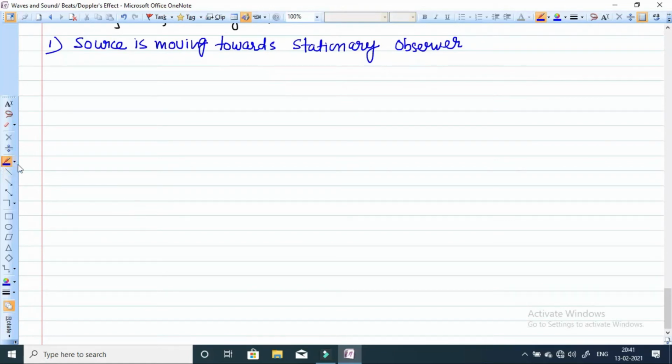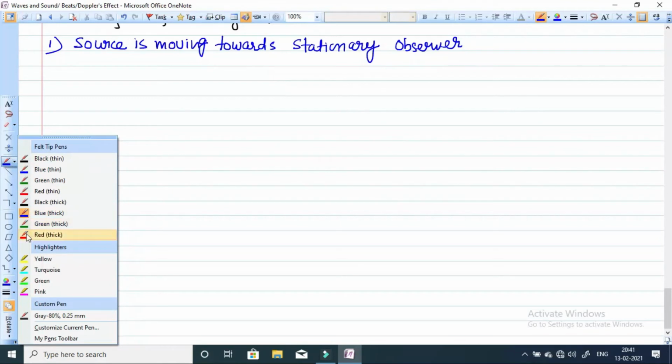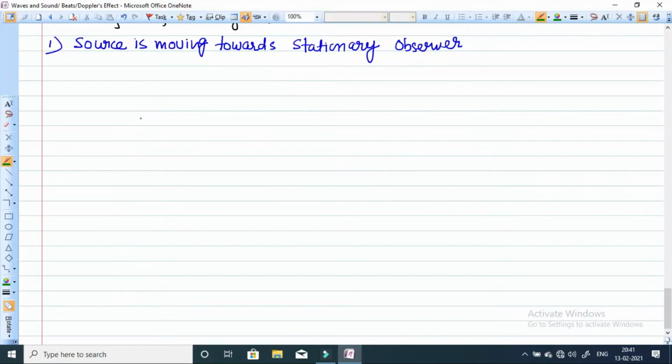Suppose this is the position of the source S, and here is the position of the observer O. This source of sound is transmitting waves in this direction, and it is approaching the observer.